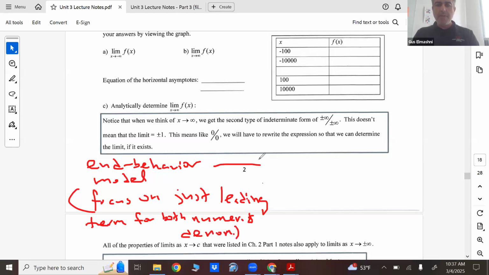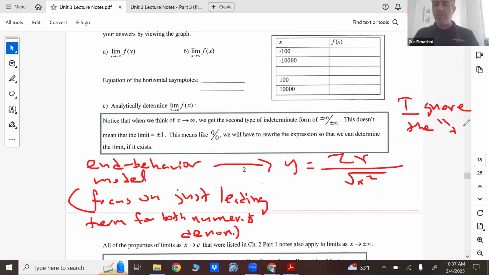Okay. So in this case, y will equal, what's my leading term above? Just 2x, right? And that's the square root of x squared. So you ignore the plus 1. Ignore the plus 1 there. And that became what again? 2x over absolute value of x.